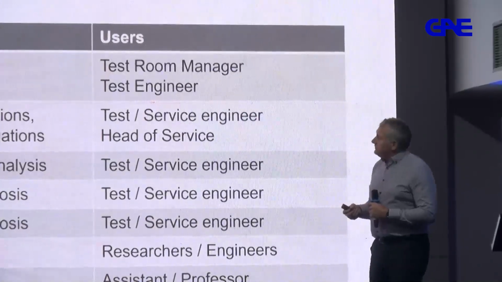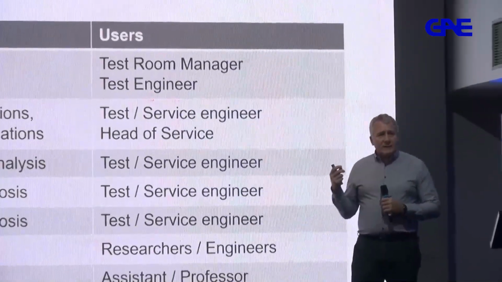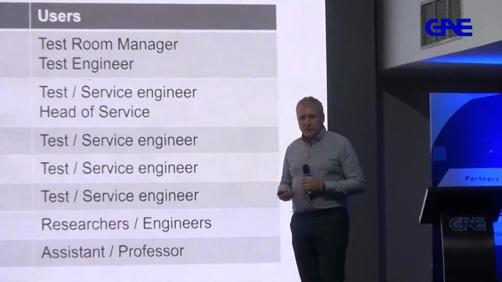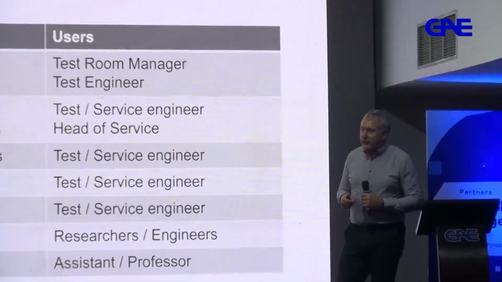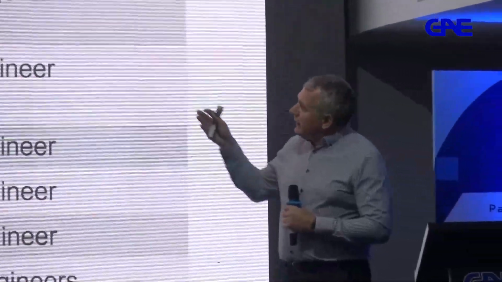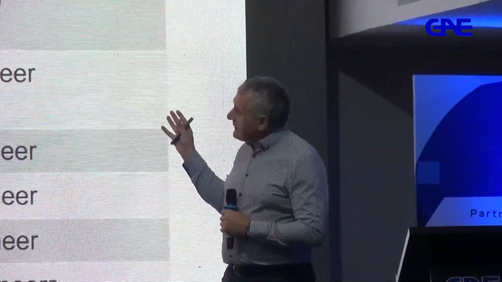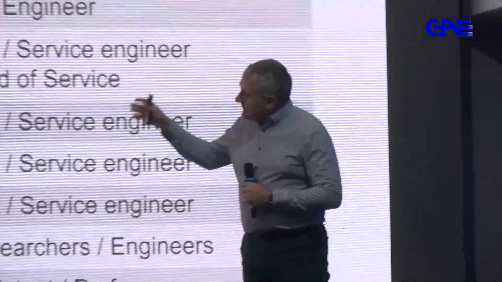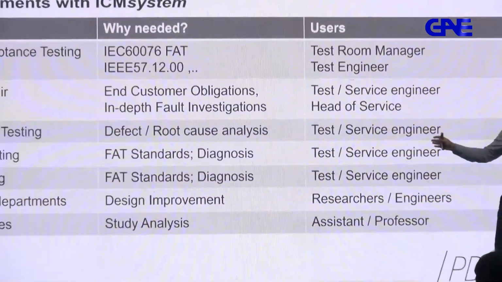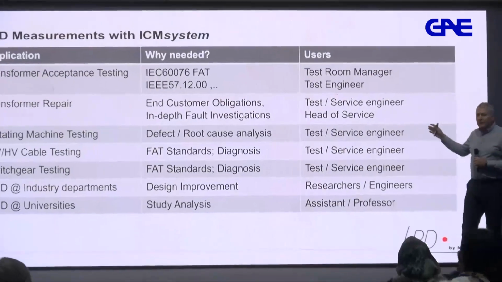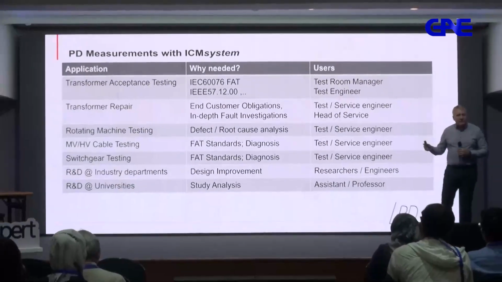So I'm going to show you, for instance, and of course you will have access to this presentation, in particular a system that I'll demonstrate now that has a number of applications, and I listed them here because it's very important for you to know that for different types of assets, from transformers to rotating machines, for cables or R&D, there are different norms, different standards that apply.